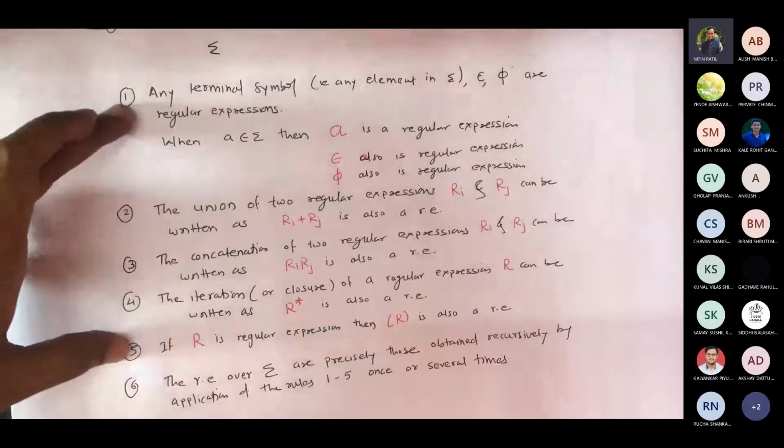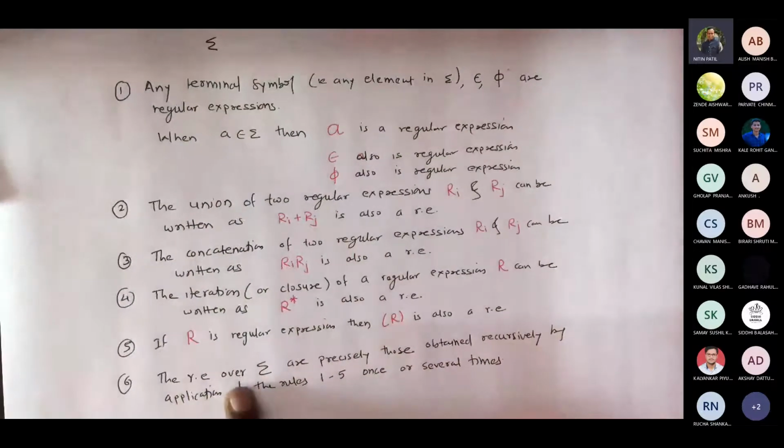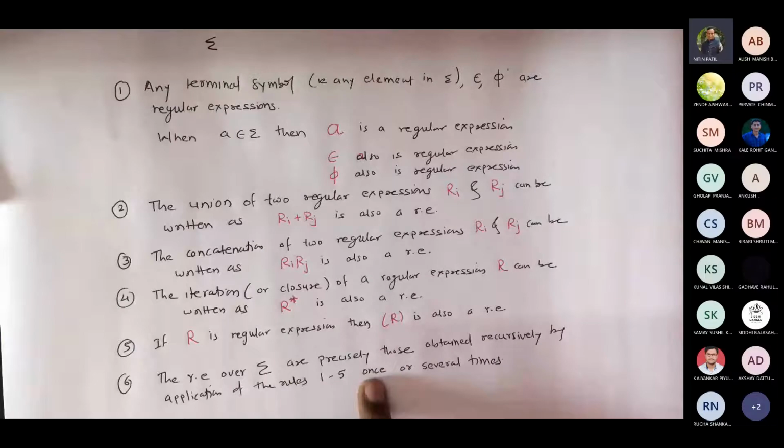Using these five rules, we can define a sixth one: the regular expressions over sigma are precisely those obtained recursively by application of rules 1 to 5 once or several times. So you keep on constructing this. Ultimately we need to think of how exactly we can define the language as a finite automaton.